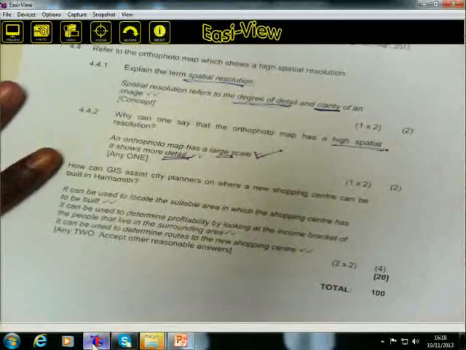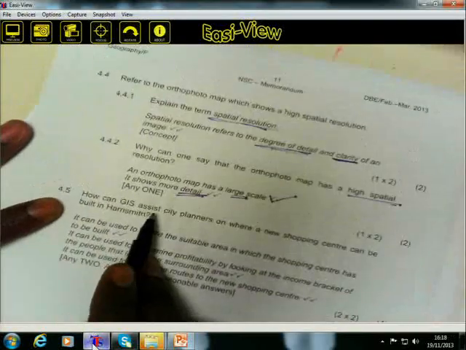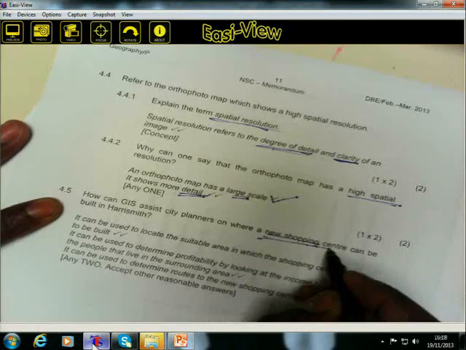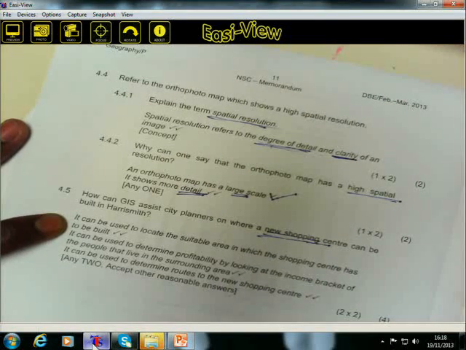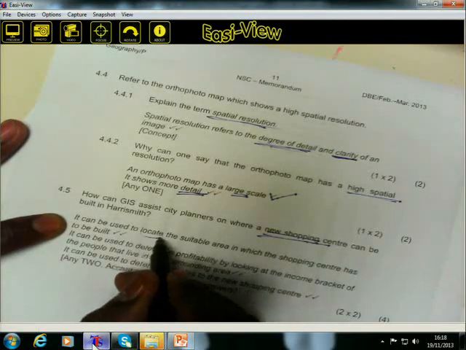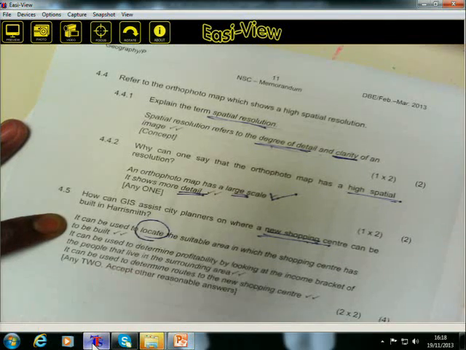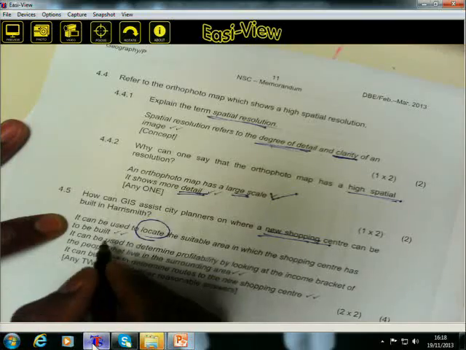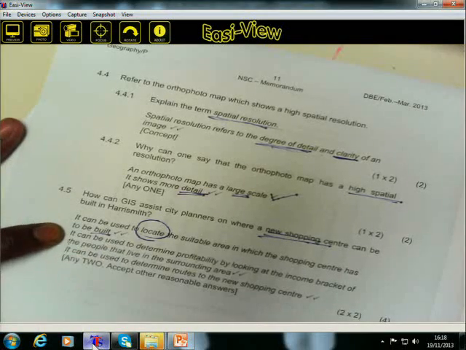Then the last part that I was doing was, how can GIS assist planners for a new shopping complex? What is it that GIS will do? GIS will locate that place on a better area where you will build your shopping complex.